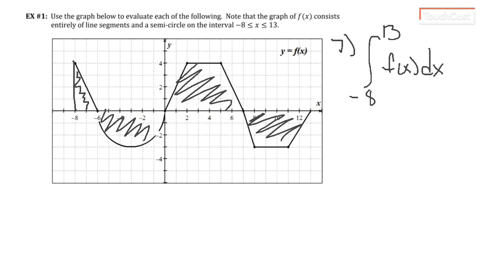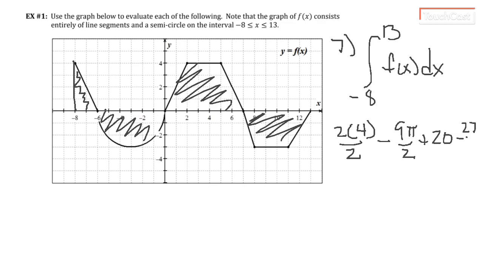Base is 2 times height 4 divided by 2 minus the area of the circle 9 pi over 2 plus the area of the next trapezoid 20 minus the area of that last trapezoid, which is 27 over 2.